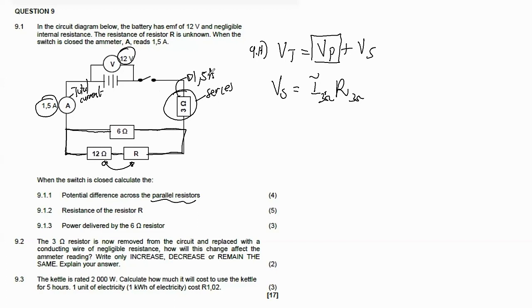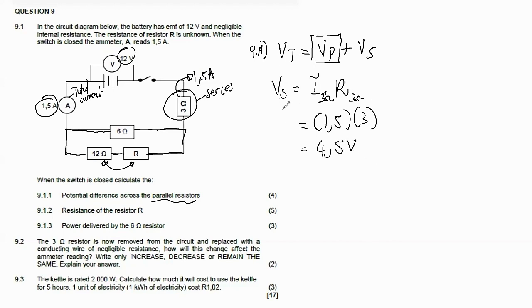Remember, for all components connected in series, the current is the same throughout. So the current in the 3 ohm resistor is 1.5, and we multiply it by 3, right? 1.5 multiplied by 3 gives us 4.5 volts.